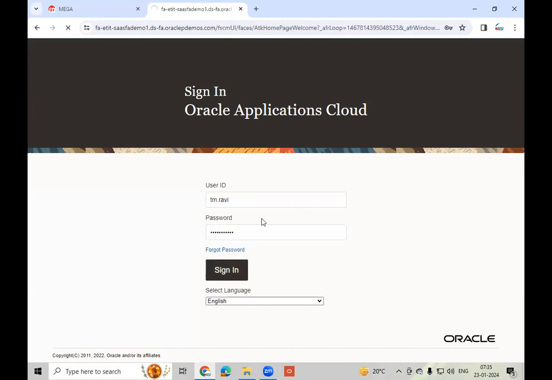So like this, every functional consultant in a real-time implementation project will have their own access. Based on the module, I'm the procurement consultant.